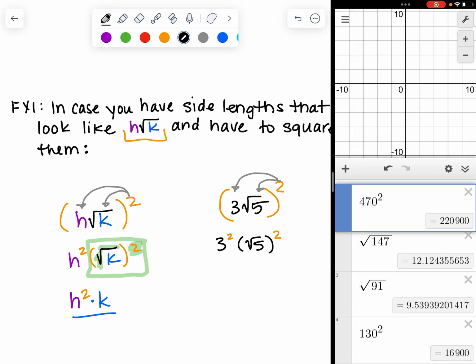Now 3 squared is 9, right? But then this part, the square root and the squared will cancel, and I'll just have to multiply by 5. So total, we would have 45. That would be my c squared version, if 3 times the square root of 5 was my c. So that may help also.